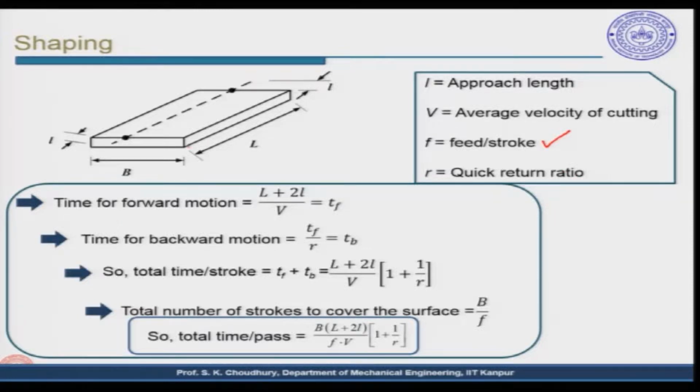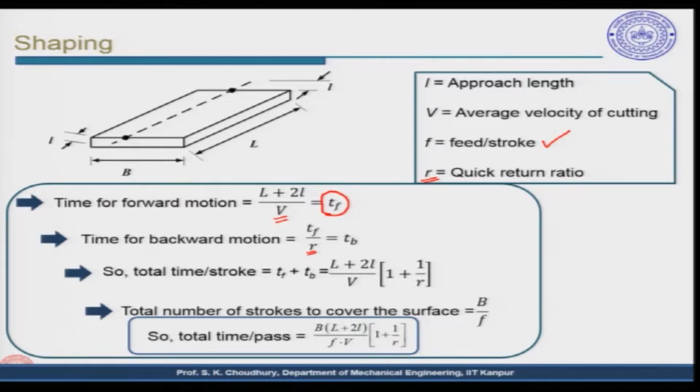Therefore, the time taken for the forward motion will be this L it is covering plus 2 of this approach length it is covering, divided by the average velocity of cutting. This will be the time for forward motion, and for the backward motion it will be Tf divided by the quick return ratio, because how fast you want the tool to come back depends on that value.